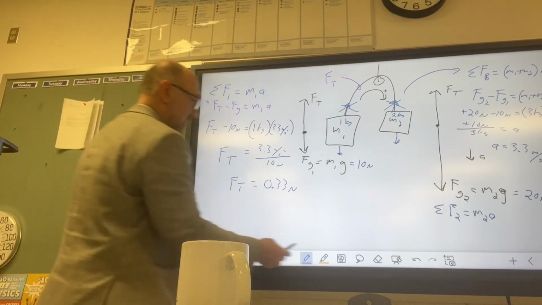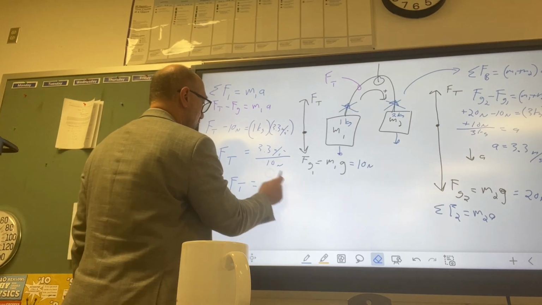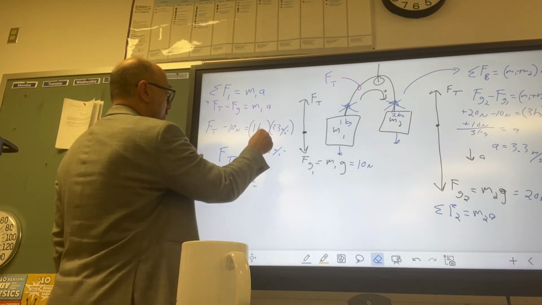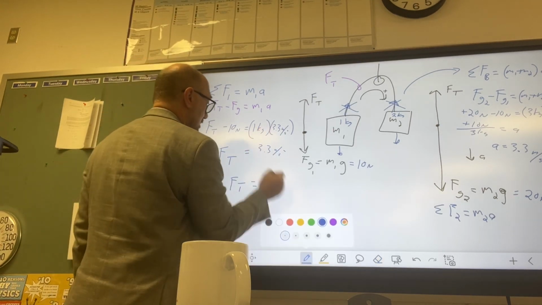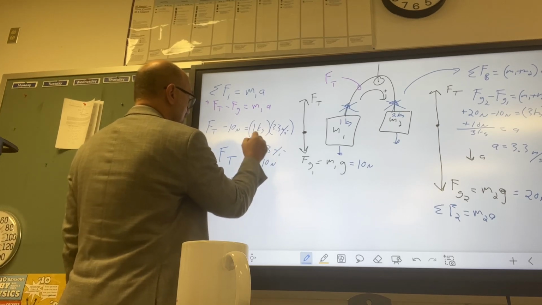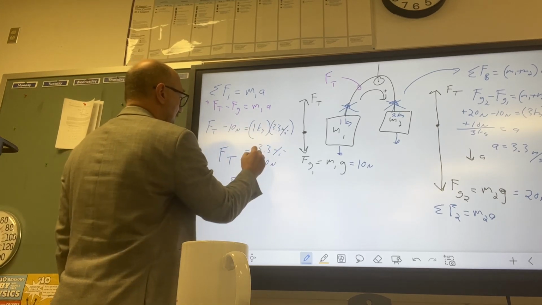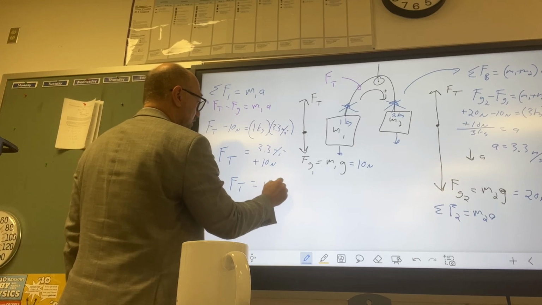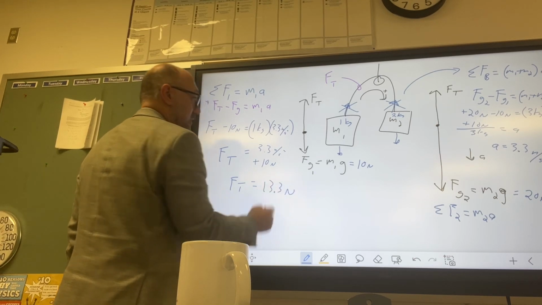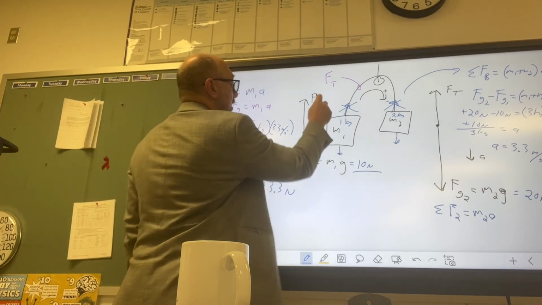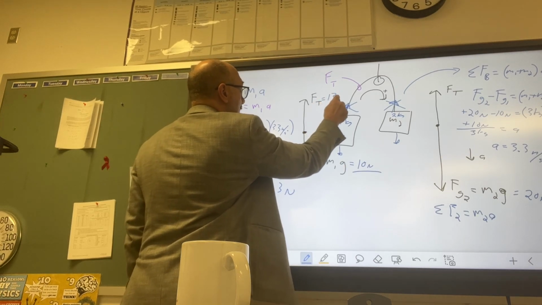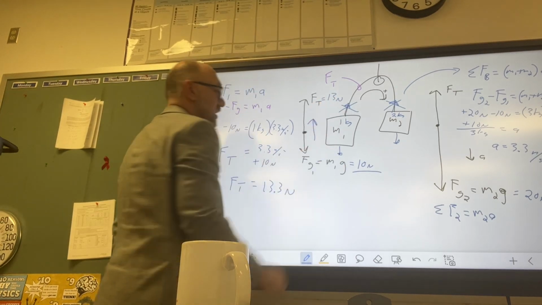Oh, it's not divided, it's subtract. Yeah, sorry, going a little too fast here. So what do I get? 3.3 minus, so it's going to be plus. Bring the negative to the other side. So plus 10, so I get 13.3 newtons. Yeah. So this is 10, and this guy here is 13. So it makes sense because he's going to accelerate upwards.